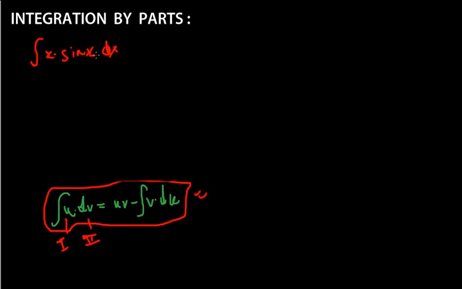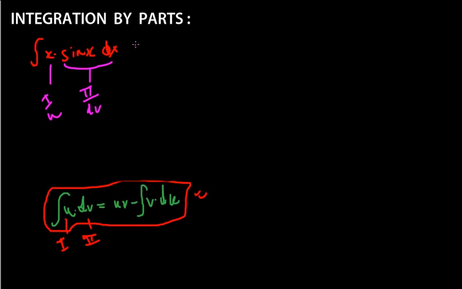Now, if you choose sin x as your first function, its derivative is cosine of x. Well, that doesn't seem any easier, I guess. But look at this, x, beautiful x. When differentiated, this becomes a 1. Now, I guess 1 is the easiest function you'll ever get. So I'll pick this as my first function, or u, and sin x dx, the whole thing, as the second function, or just dv.